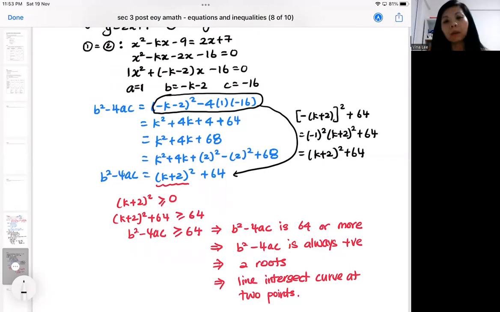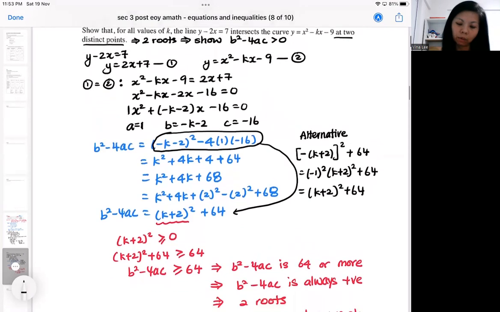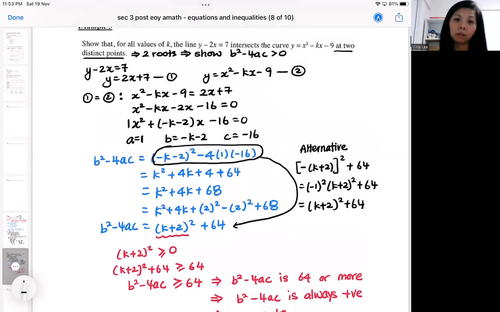You can choose to expand out and do a complete square, or you can do this alternative. It's up to you. Whatever it is, when something is being squared, it is always positive. So this is the explanation of how you show two distinct intersections.